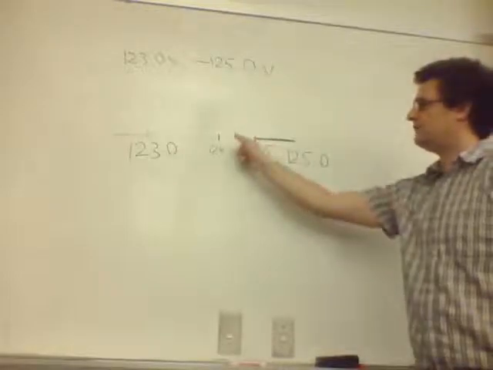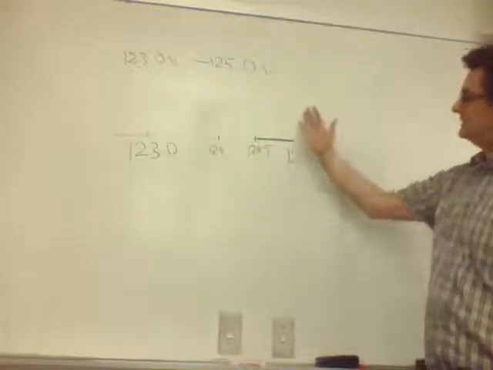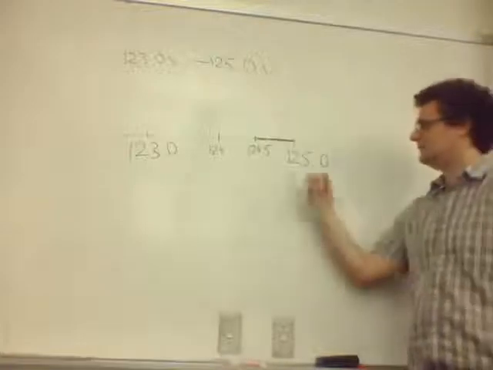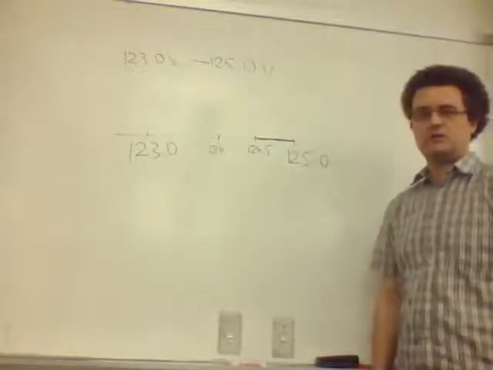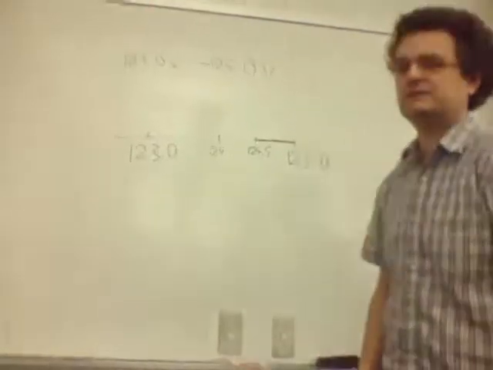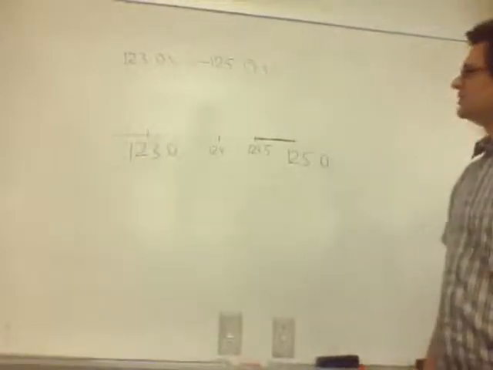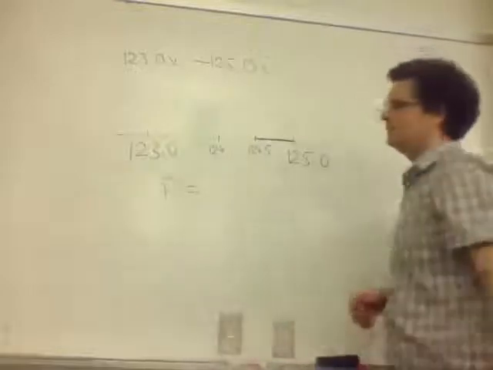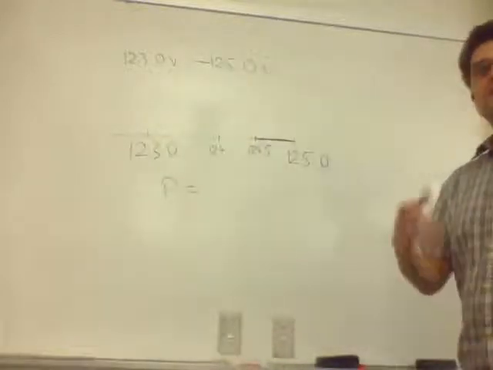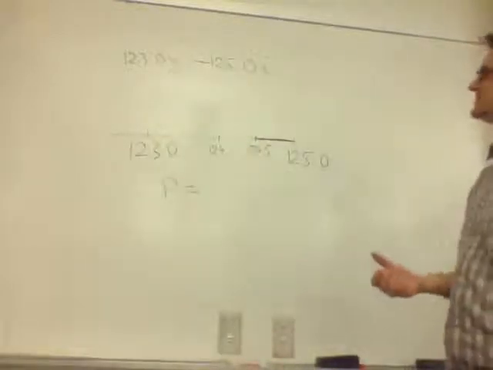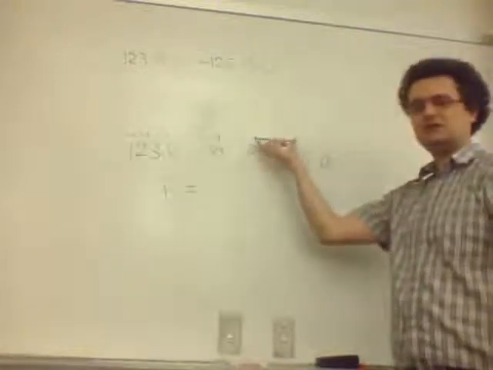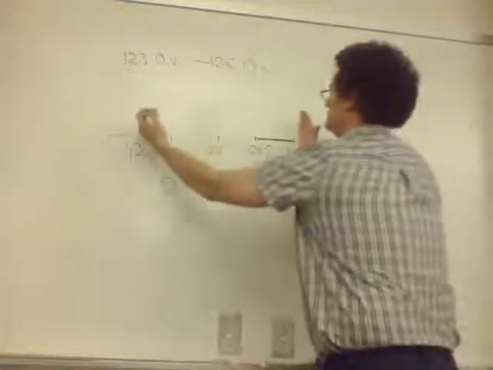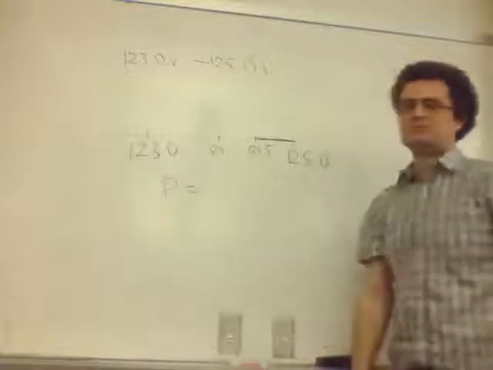About 124.5, but again it has to be up to 125.0. And so this probability is going to be equal to the ratio, as I said, of the length of that interval over the length of the entire sample space.